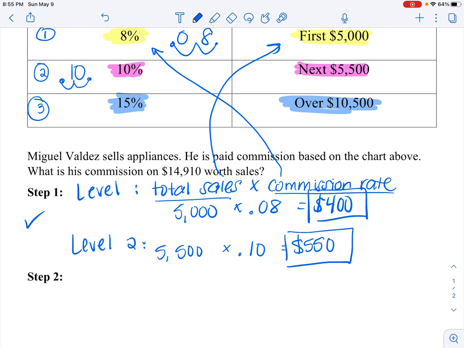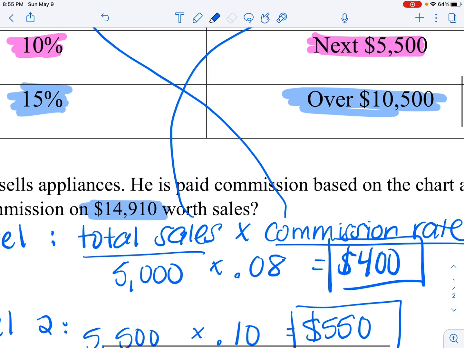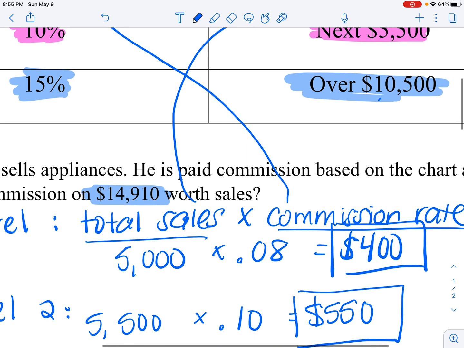And let's see how much Miguel sold. So he made $14,910 worth of sales. That is definitely higher than 10,500. So he did in fact go over 10,500, but we want to know by how much.